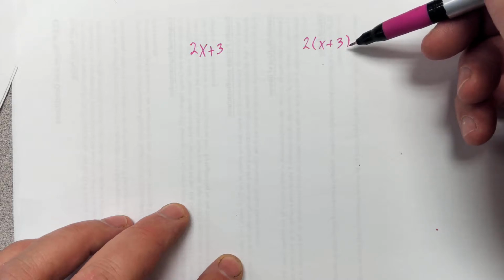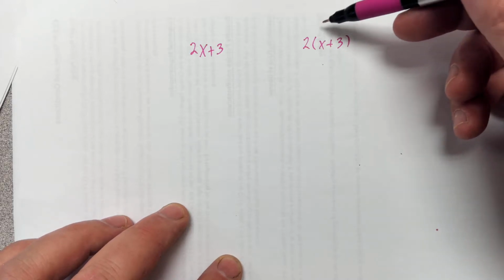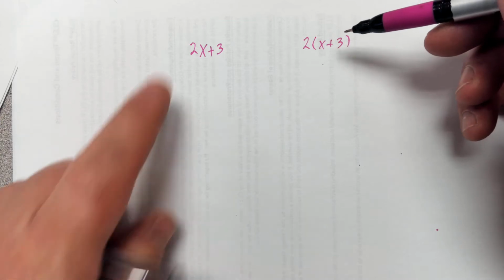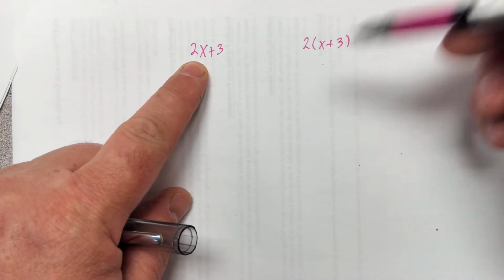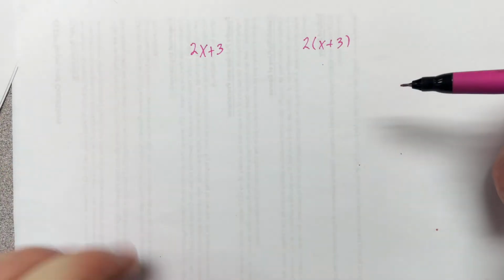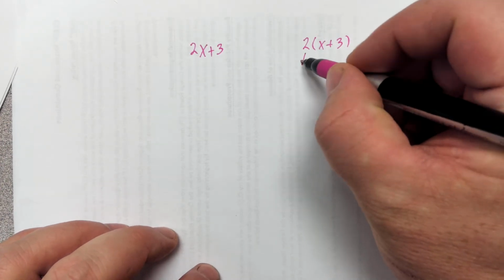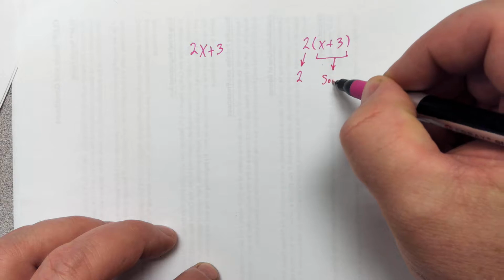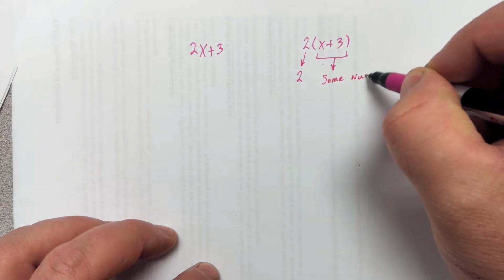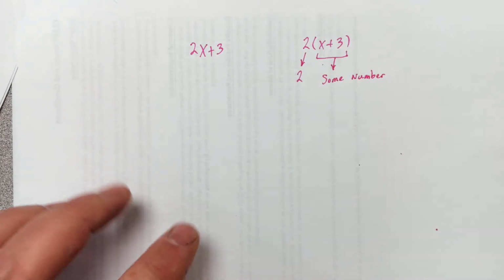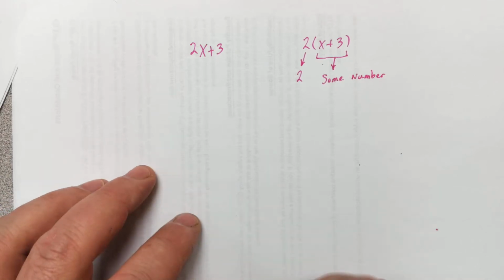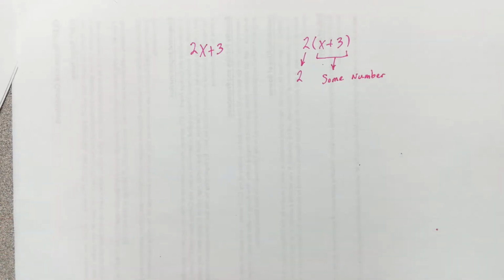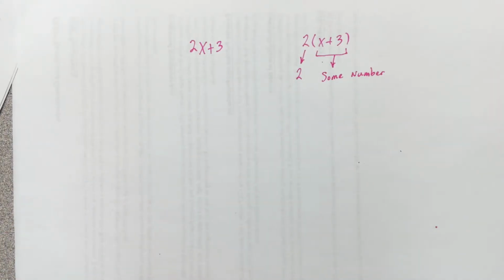I don't know what the number is, but it's 3 more than whatever x is. This is 2 times the number x, and then whatever that product is, I have to add 3 to it. So this is 2, and this is some number. It's just one number, though. It looks like 2 numbers, but it's 1. And the reason it's 1 is because of the parentheses. The parentheses group it together and make it one thing. That's the thing that's tricky.